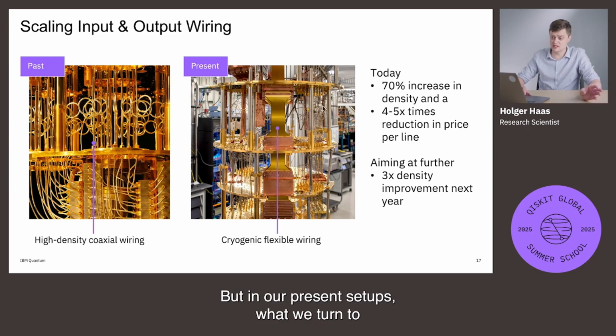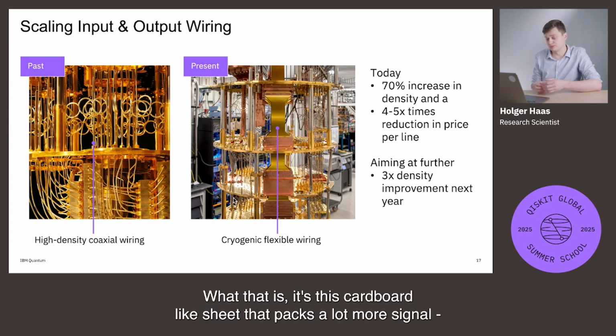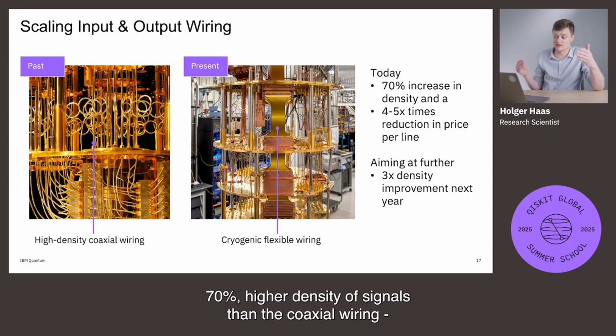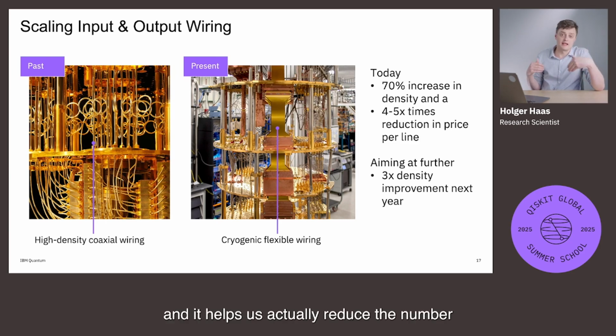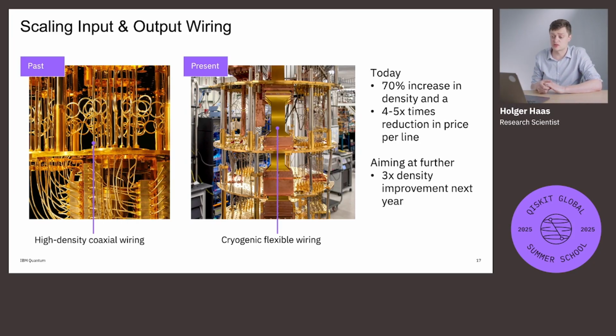But in our present setups, we turn to cryogenic flexible wiring. It's this cardboard-like sheet that packs a lot more signals, 70% higher density of signals than the coaxial wiring, and it helps us reduce the number of connectors and components that we need to connect to wire up the devices.